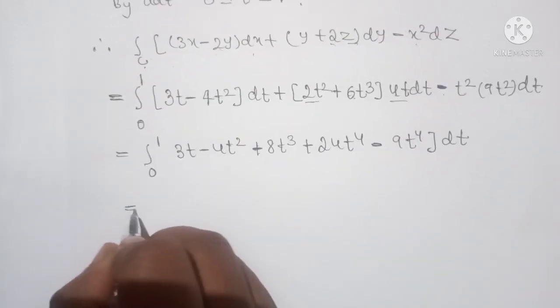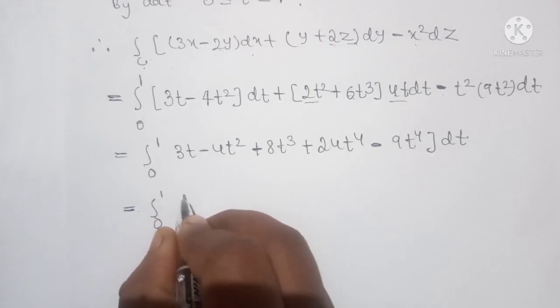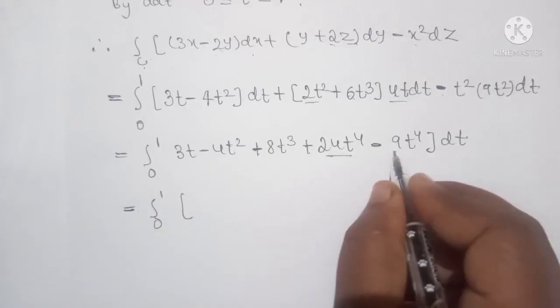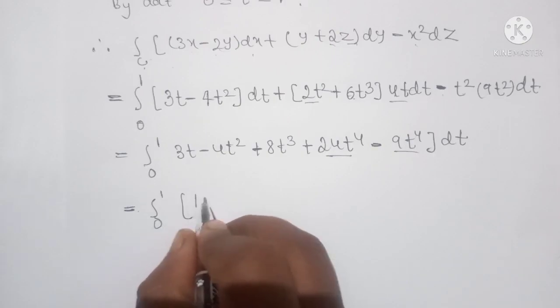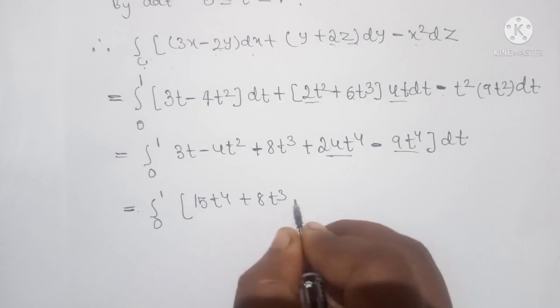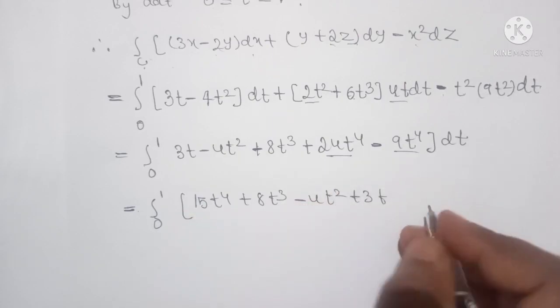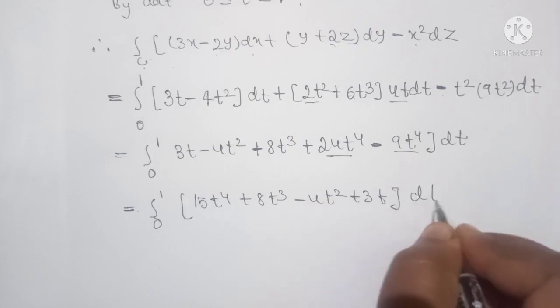Okay, so now we further simplify this one. 24 minus 9 is equal to 15t power 4, plus 8t cube as it is, minus 4t square as it is, plus 3t. We are just arranging all the terms.